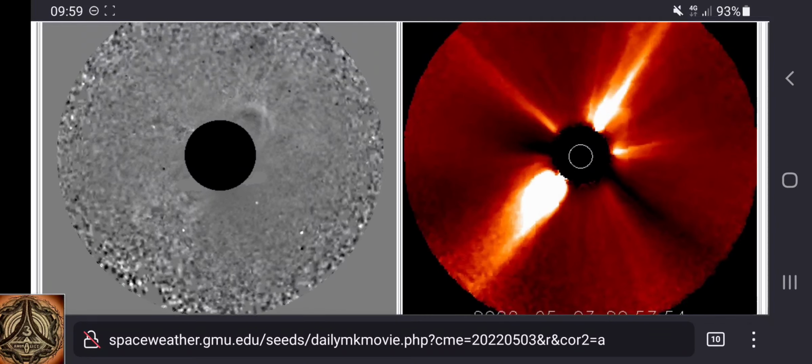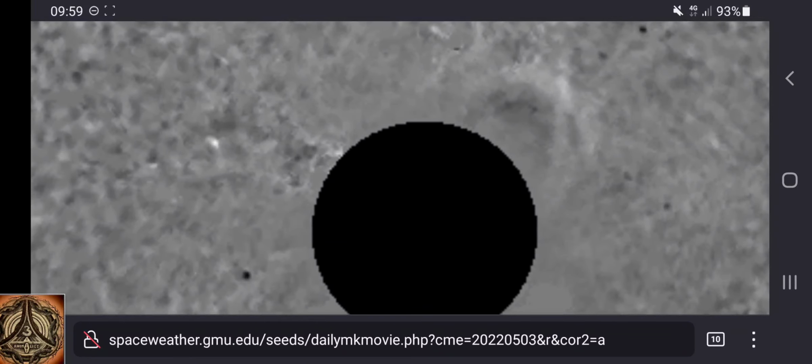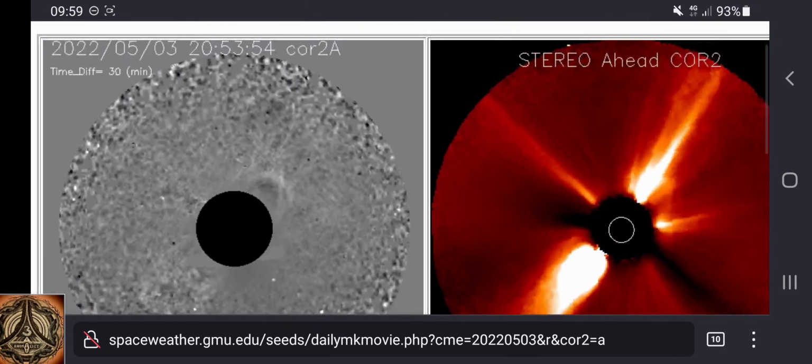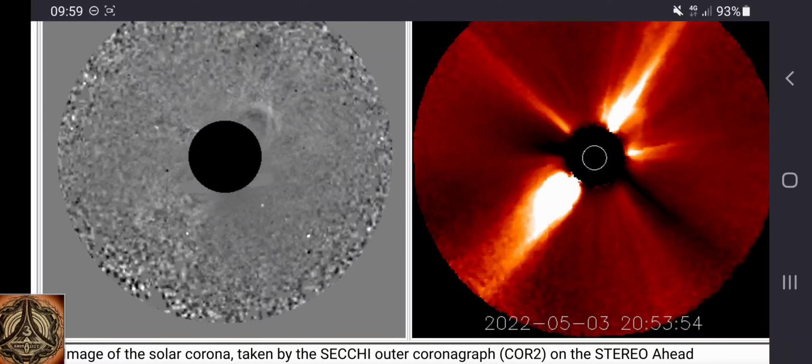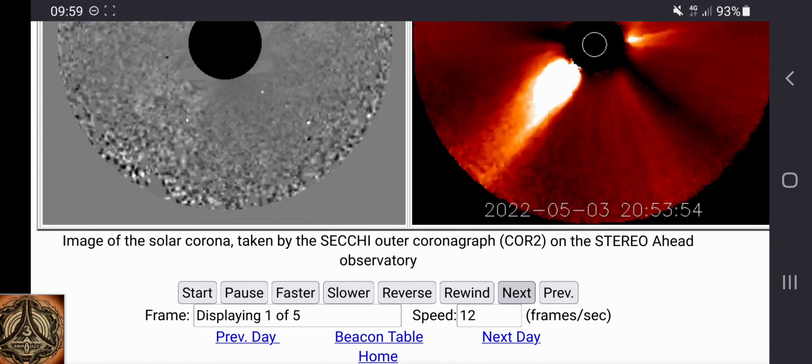I took screenshots. And we are looking at this region. So now let's have a look at the screenshots. Or maybe you can watch it once through. There are just 5 frames.